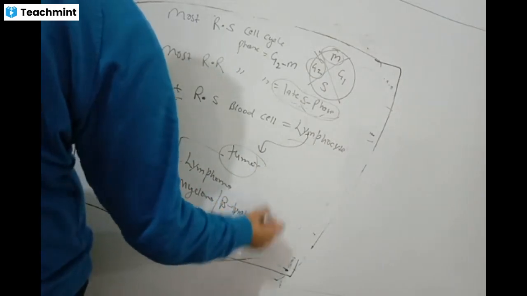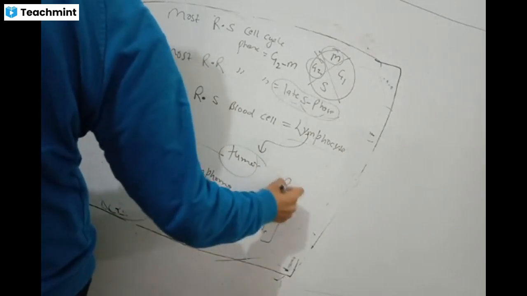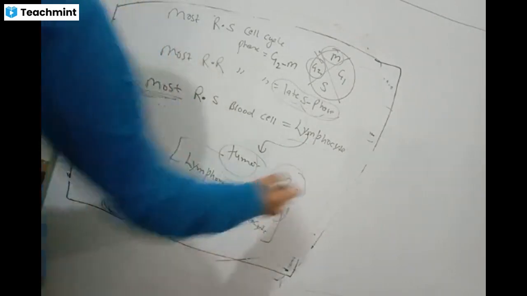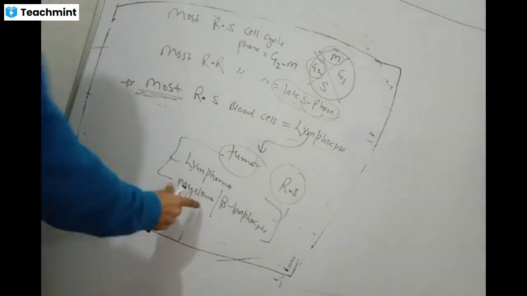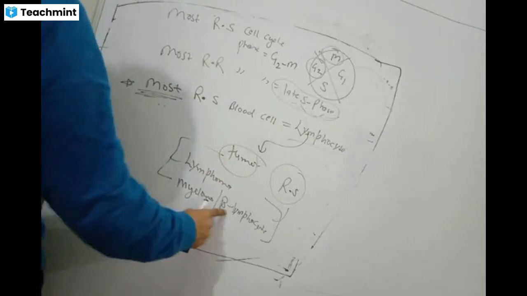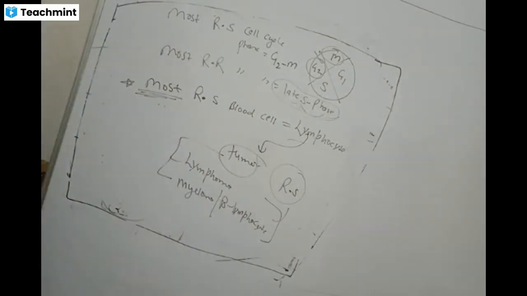So these two tumors are radiosensitive because they are made up of a radiosensitive cell, the lymphocyte. So lymphoma and multiple myeloma, your plasma cell tumor, a B lymphocyte tumor, are radiosensitive.